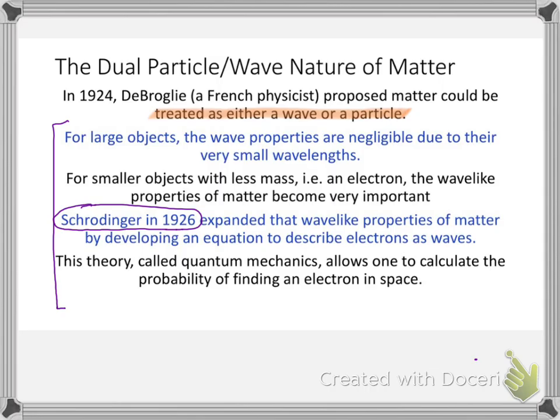So in this theory, quantum mechanics, instead of calculating the exact position of electrons, the calculation involves calculating the highest probability of finding an electron in certain regions. So in quantum mechanics, it doesn't allow you to calculate an exact location of an electron. Instead, you calculate the probability of finding the electron.